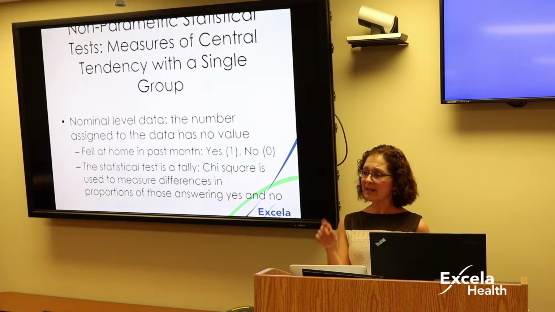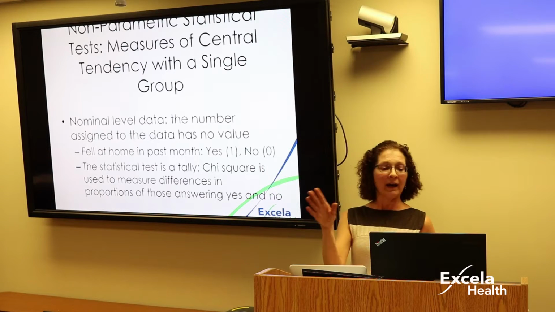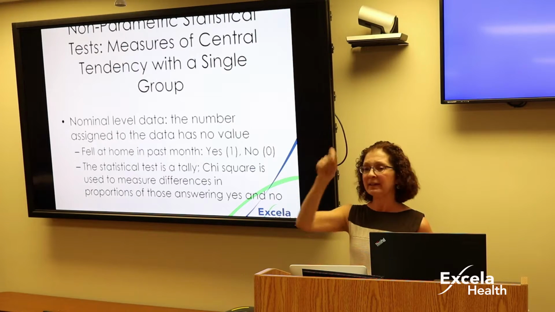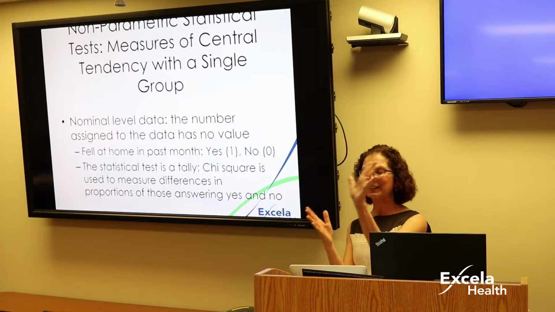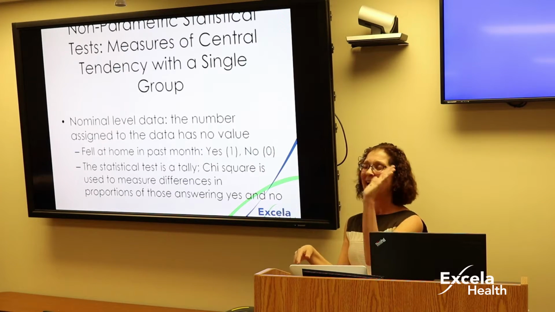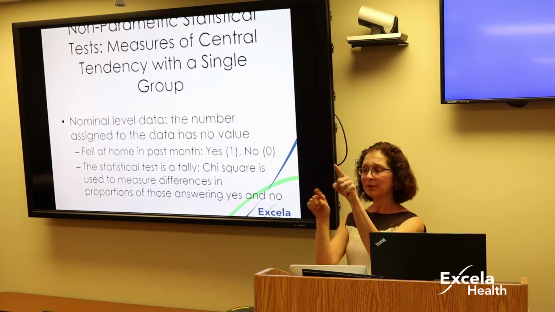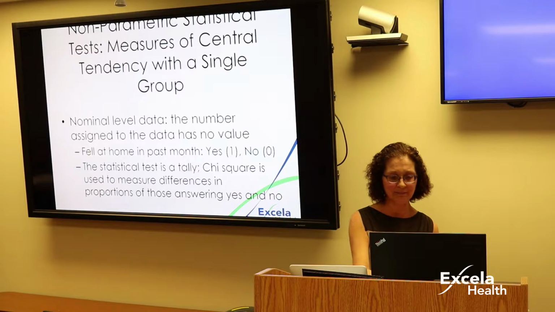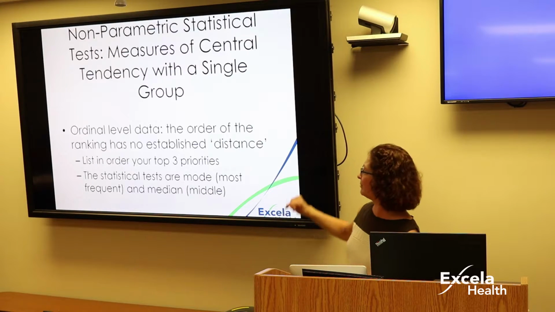So the statistical test that you use for nominal level data, yes, no, maybe, is a simple tally. You add them up, and that's all you do with them. If you want to look at differences in proportions of the people who fell at home, didn't fall at home, you have your little table, that's a chi-square, okay? So this is just a single group, nominal level data.